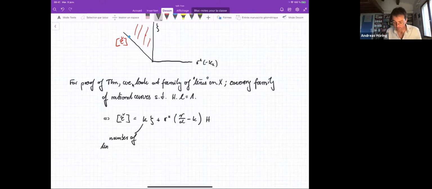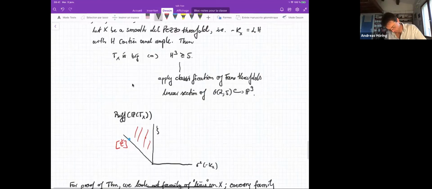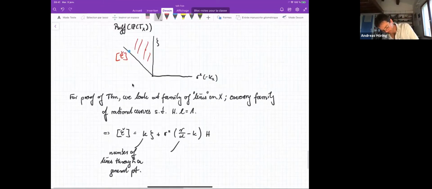And D I already introduced up here, so that's H cubed. And then somehow the surprising guy, R, that's the number of lines on a del Pezzo surface of degree D.